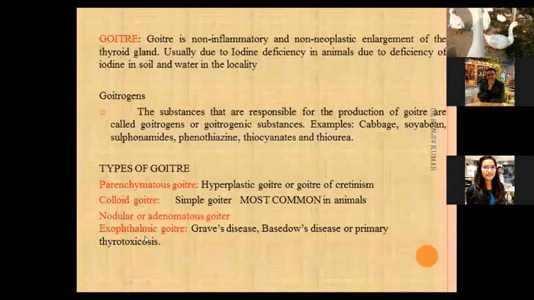It is very rare in animals. So Graves disease is given much importance in humans, but in animals it has no importance. The most common goiter in animals is colloid goiter. So in a nutshell, four different types of goiter can be seen in animals.